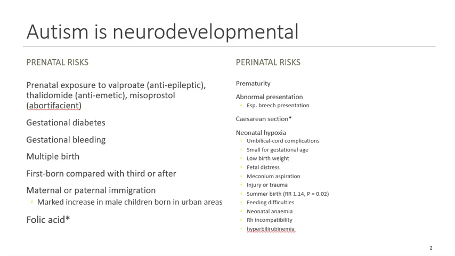Well, some recent well-controlled studies show that folic acid supplementation at the time of conception may actually decrease the risk for autism spectrum disorder. So folic acid is one of those things that's very highly debated. Again, older research says it increases the risk. New research says it decreases the risk. So we're not fully sure what's happening there.